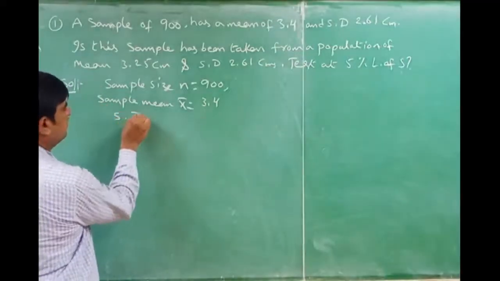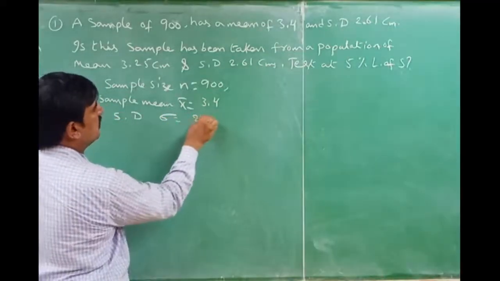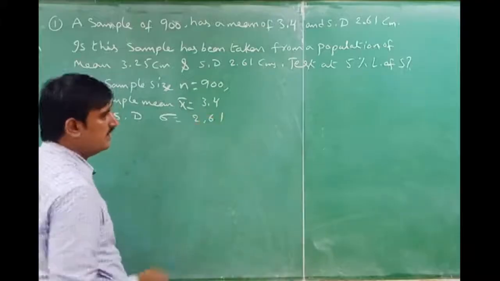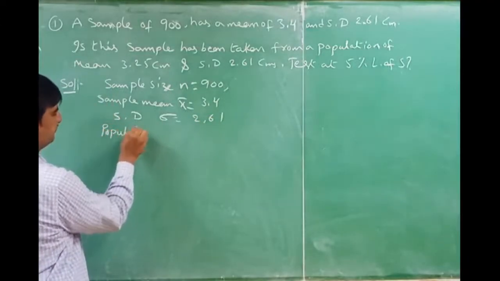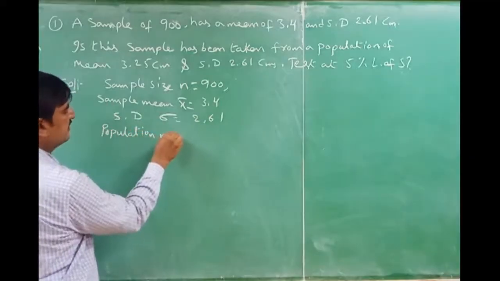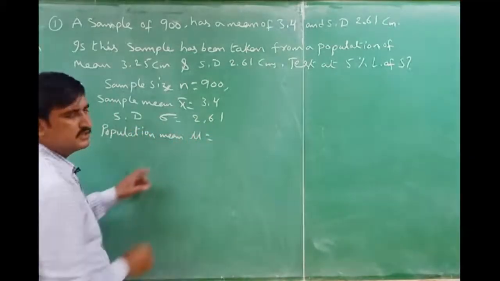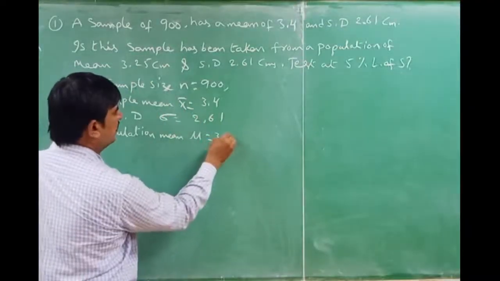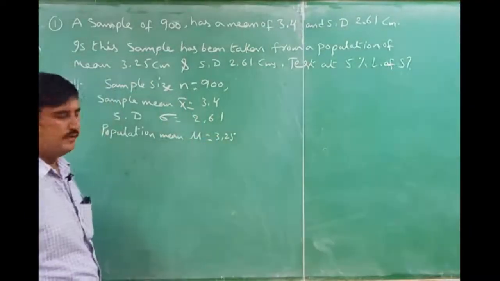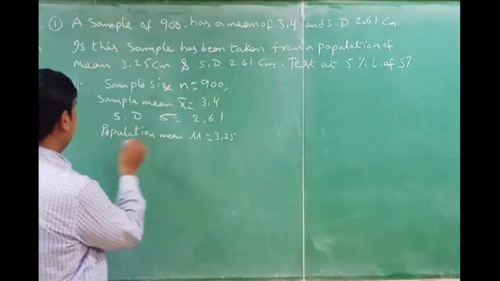Standard deviation sigma is 2.61 centimeter. Population mean is denoted by mu, and mu is equal to 3.25.